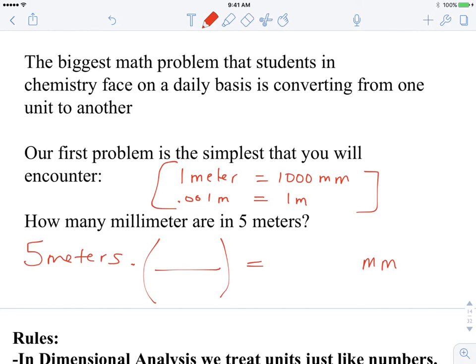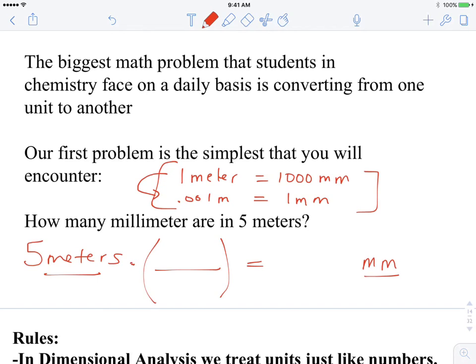The difference between them is that, this is 1 millimeter just to be clear. The difference between these two is I took this one here and I divided it by 1,000 and I got this. You could use either one. And I'll show you, I've listed them in both ways on the notes so that you can use which one you're comfortable with. Now I need to change from meters to millimeters.